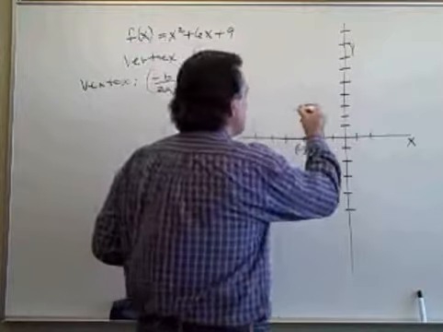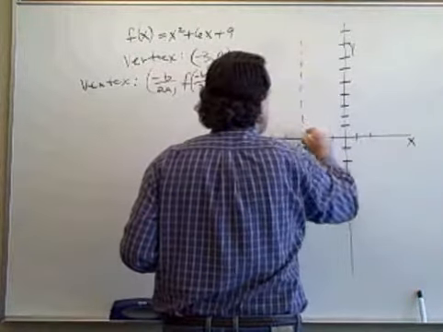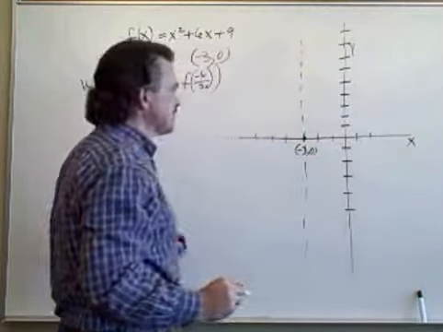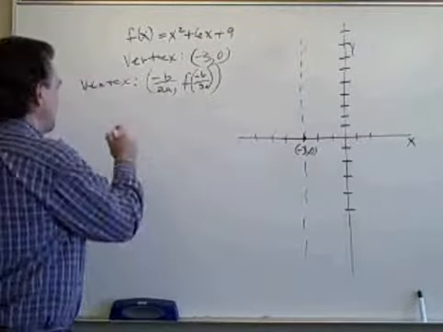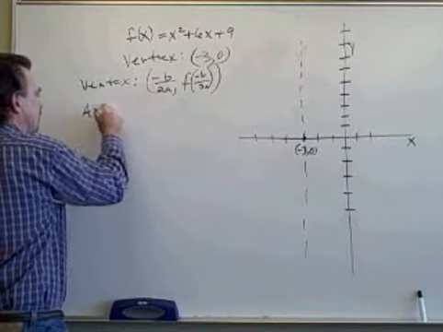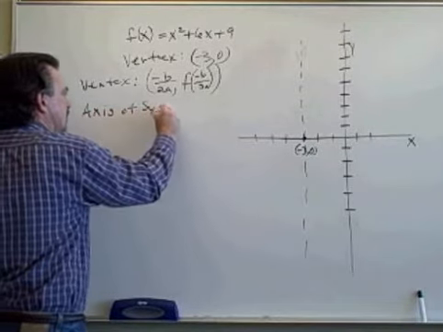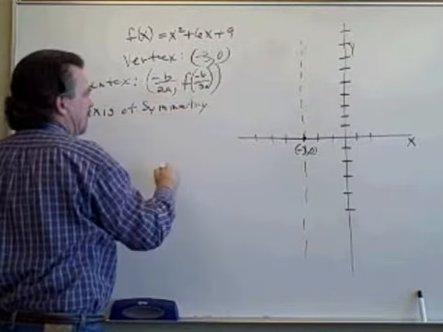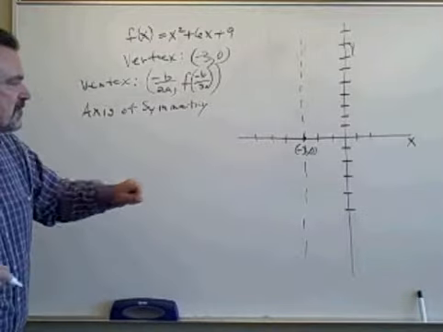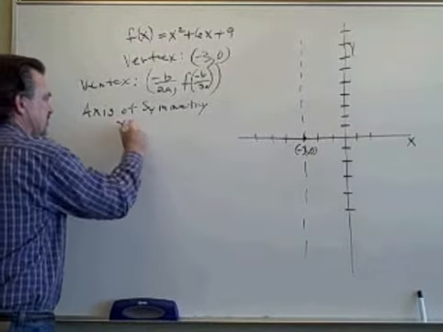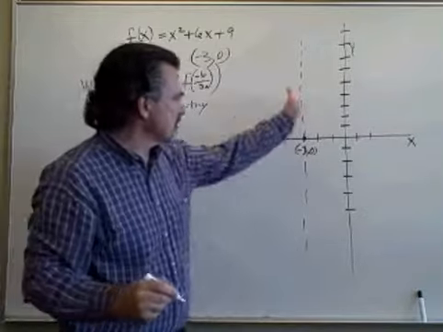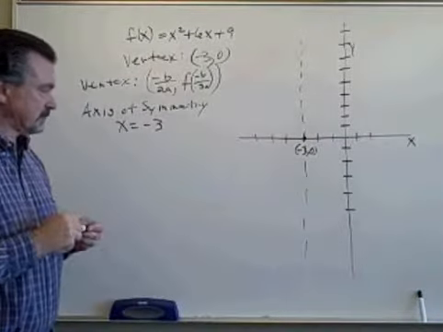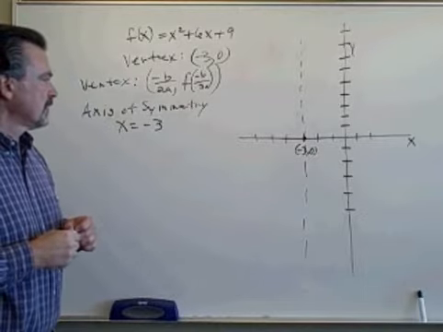But it still exhibits symmetry with respect to this vertical line, which is sometimes called the axis of symmetry. In this instance, the axis of symmetry for this parabola is the vertical line x equals negative 3.